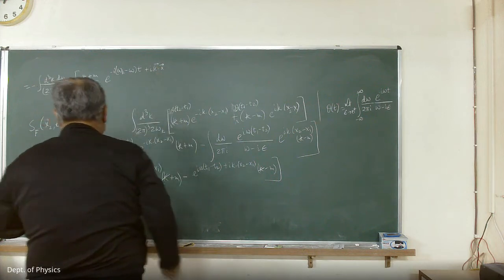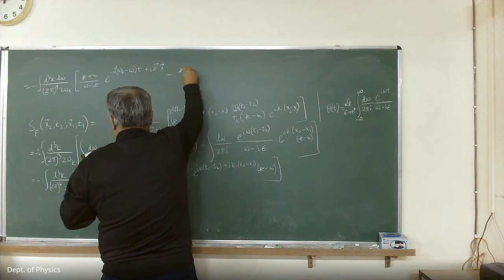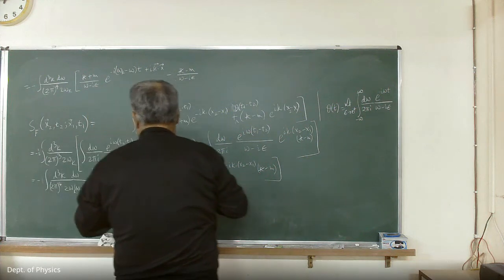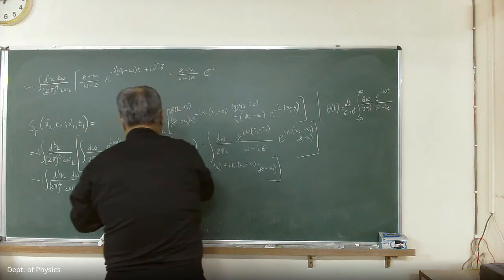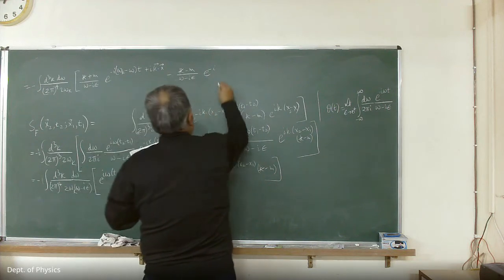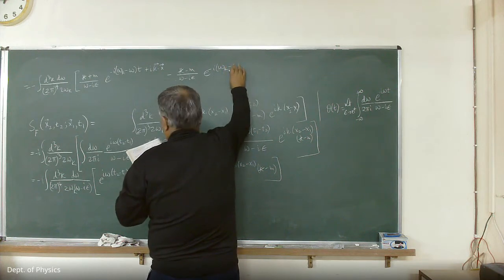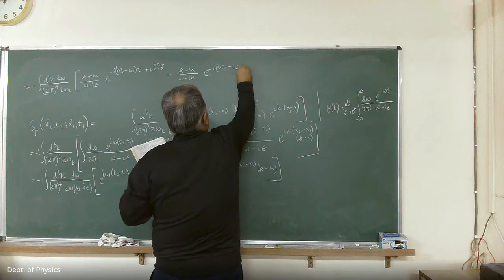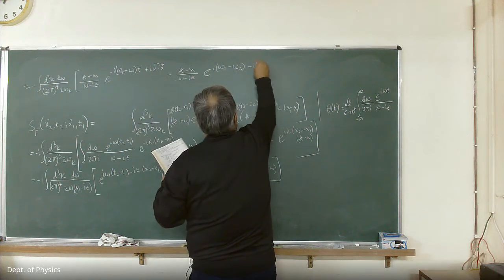Minus k slash minus m, omega minus epsilon, e to the power minus i omega k, omega minus omega k, minus i k dot x.